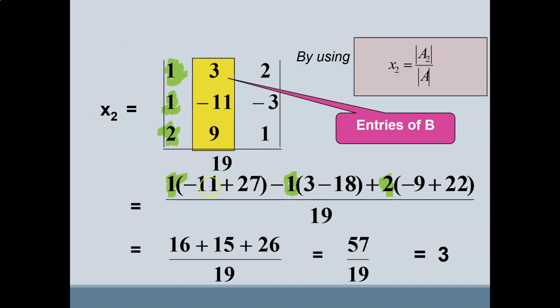So how do you find x2? Is by replacing the second column, this one. Replace the second column with entries of B. Okay, dah jadi yang ni pula. Okay, so sama juga, the same procedure, you can pick any row or any column to find your determinant. I pick the first row.